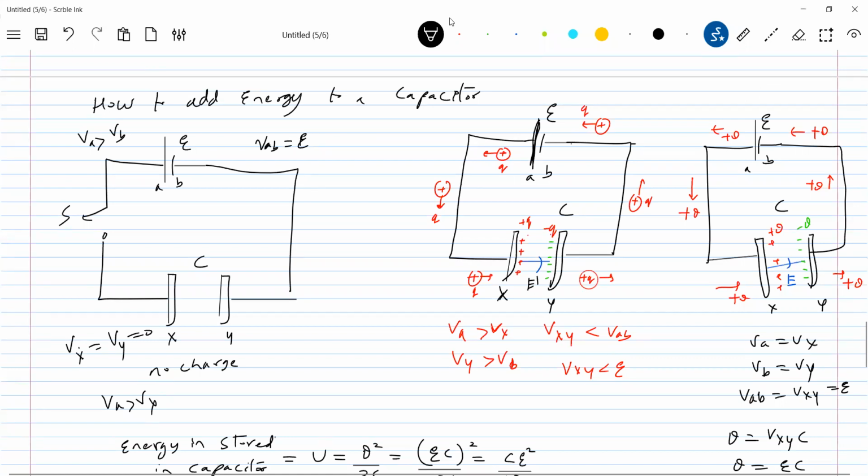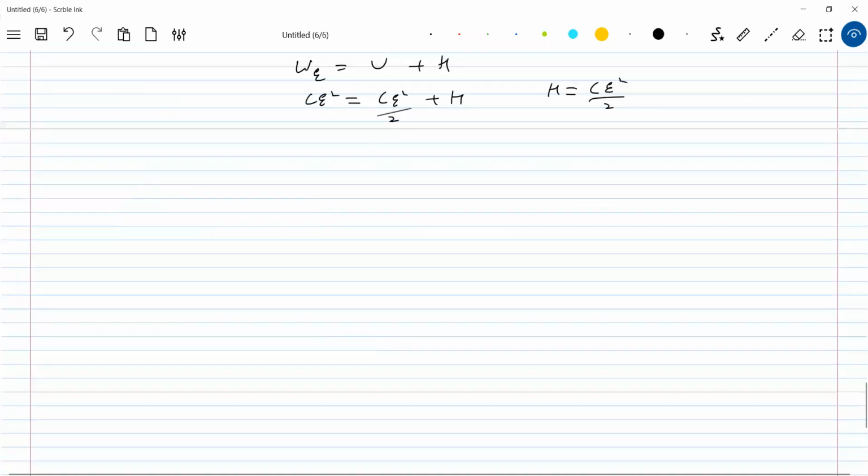How much work should the battery do? 20 joules it should do. And the remaining 10 joules will be lost as heat. 10 will be stored in the capacitor. The remaining 10 will be lost as heat permanently. Heat generated where? In the connecting wires. So this is the basic idea. Now, if I connect an already charged capacitor, what conditions will arise?